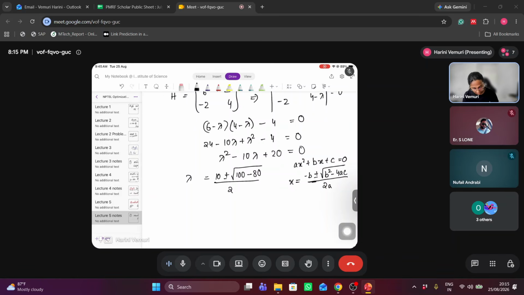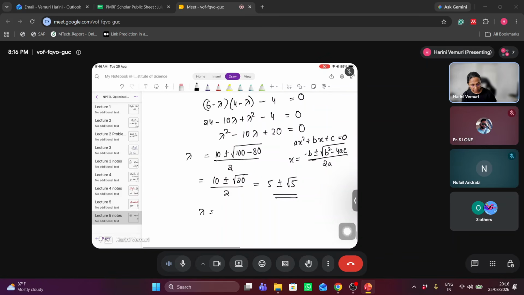A is 1 here, so 10 plus or minus root 20 by 2. Root 20 can be written as 2 root 5, so because I'm dividing by 2, it is 5 plus or minus root 5. So lambda first is 5 plus root 5 and we have 5 minus root 5. Are these two positive or negative?